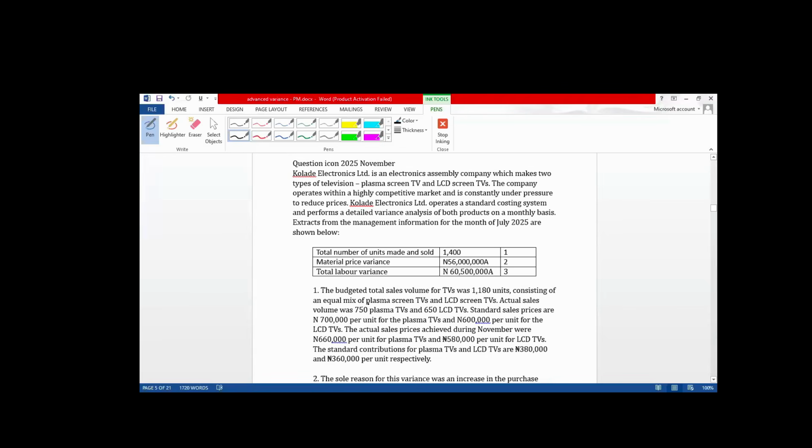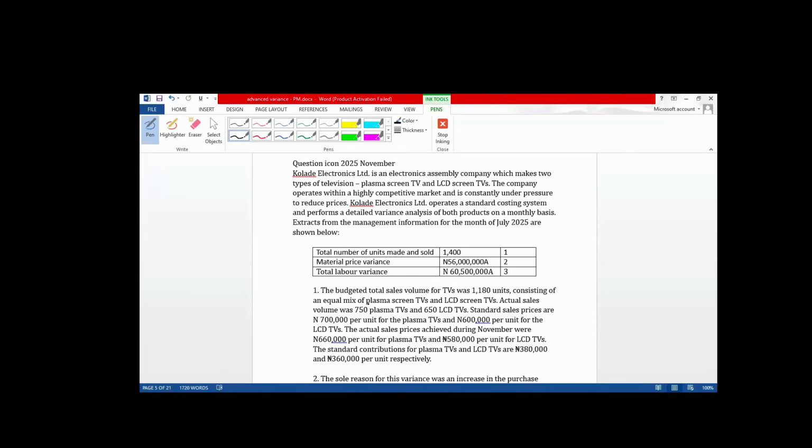Note 1. The budgeted total sales volume for televisions was 1,180. Look at it. Our budgeted sales for TV. Our plan is to sell 1,180 units of TV, consisting of equal mix of plasma screen TV and LCD TV.